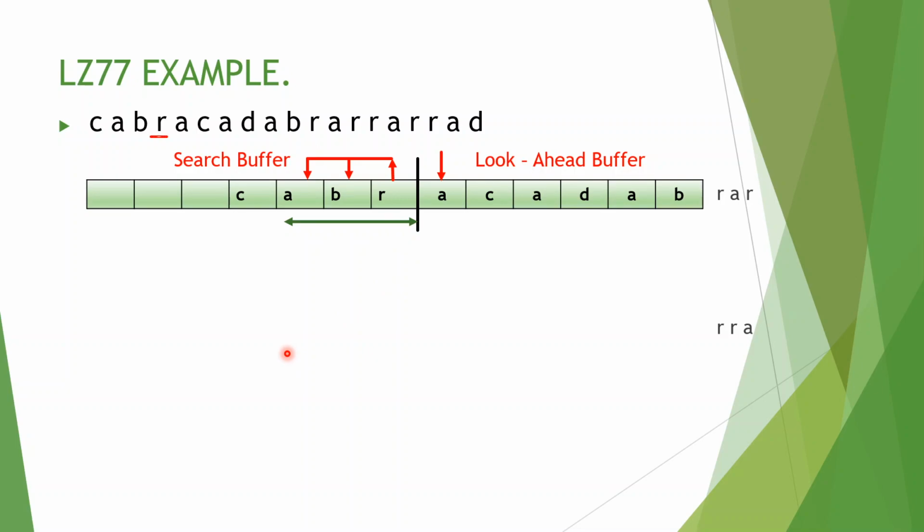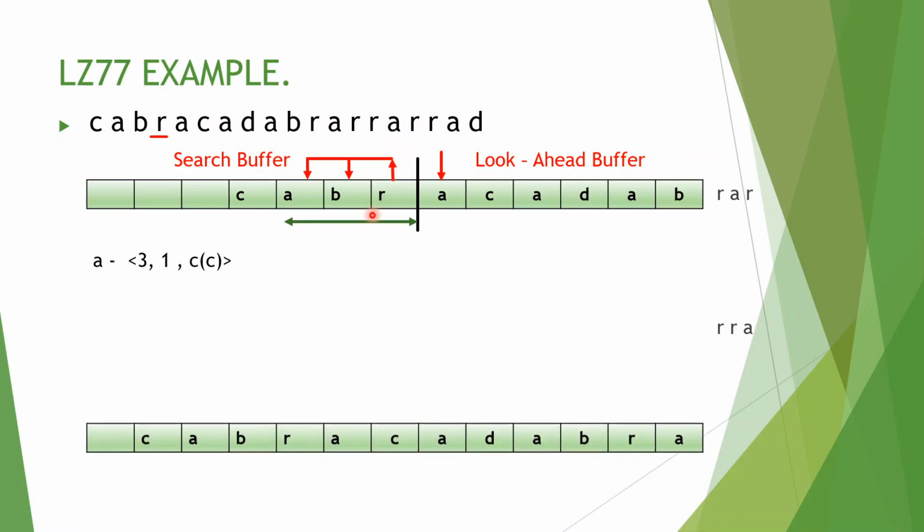Now after encoding that, the offset is 3 because the distance from the search pointer to the look ahead buffer is 3, and we matched only one symbol in the search buffer, so the length is 1, and we encode the next symbol after the match, C. So here A and C both symbols are encoded and moved into the search buffer.